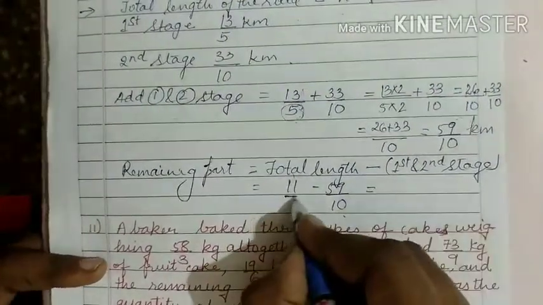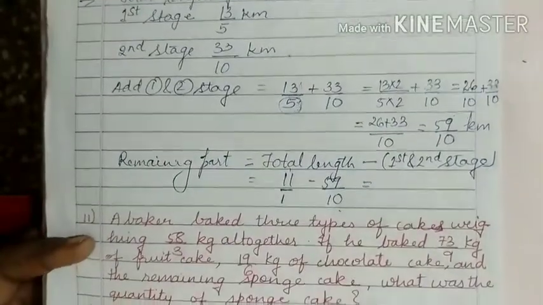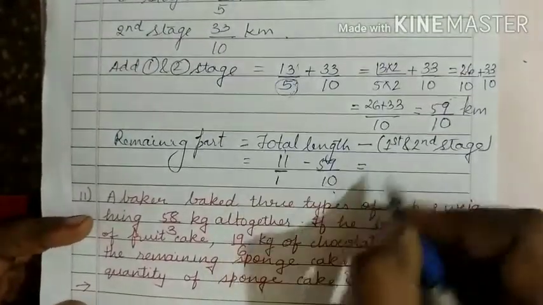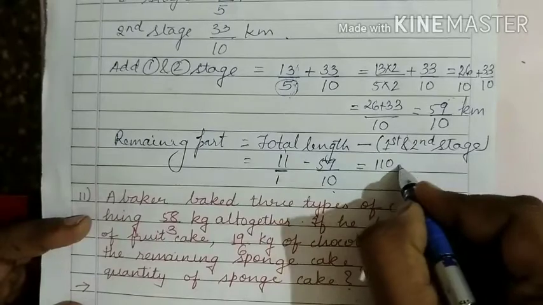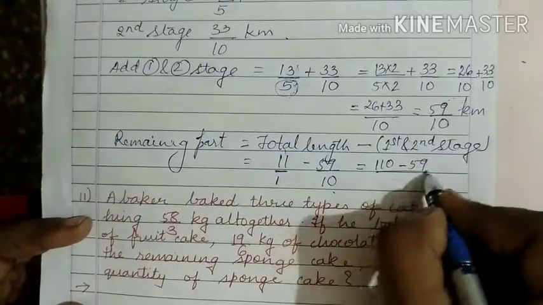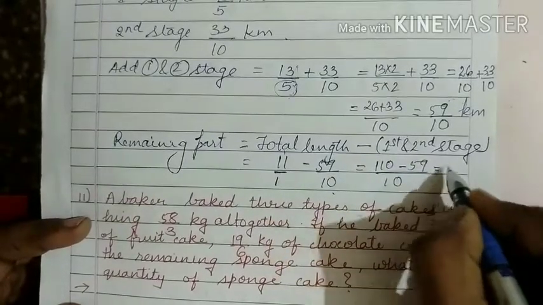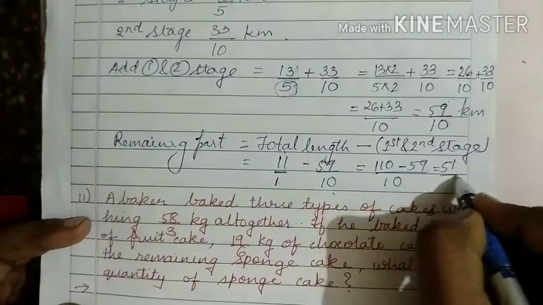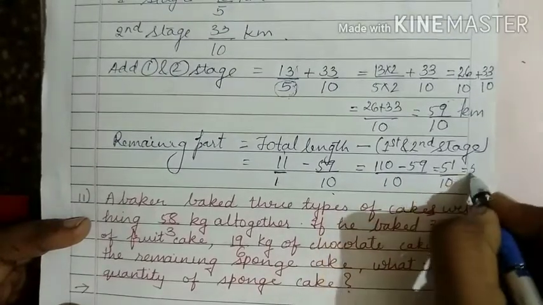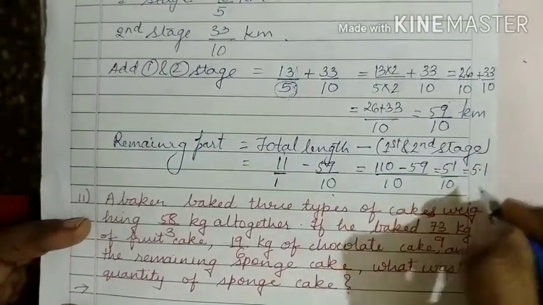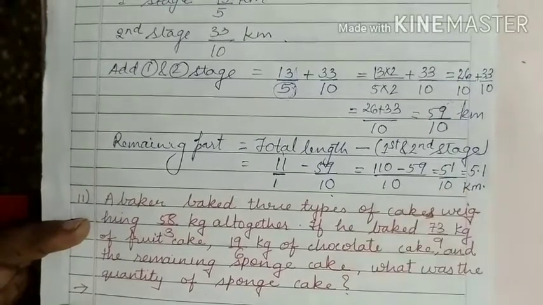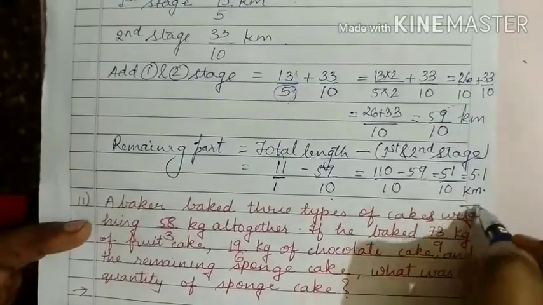When there is no denominator, let me consider the denominator as 1. So 110 minus 59 upon 10, which is equal to 51 upon 10, which is equal to 5.1 kilometer. 5.1 kilometer is my answer.